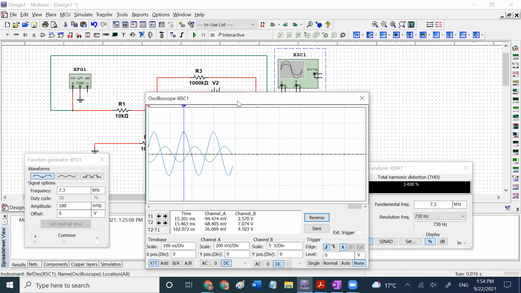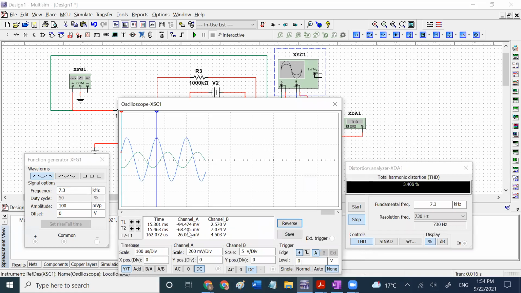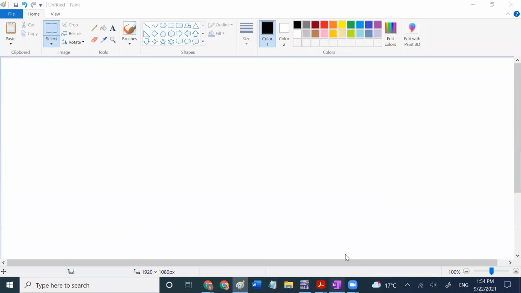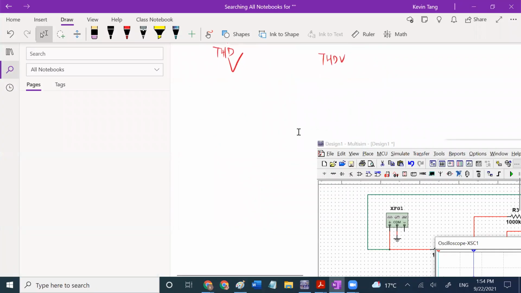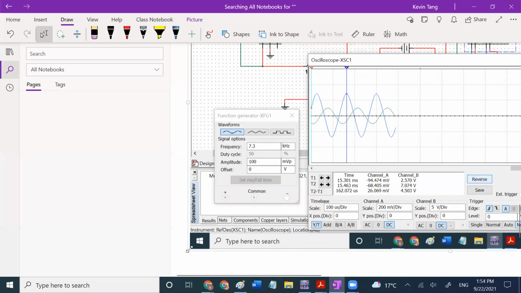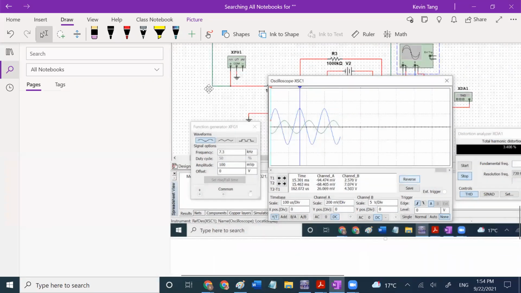But anyway, when I test 7.3, as you can see, let me just cut it and paste it on the note.